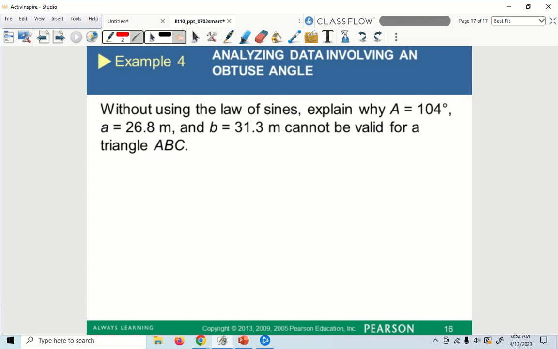How many more examples do we have here? Just this one? Okay. So we'll do this one and then we'll use the rest of the time for homework. So hopefully we can get all this done. All right. Analyzing data using an obtuse angle.